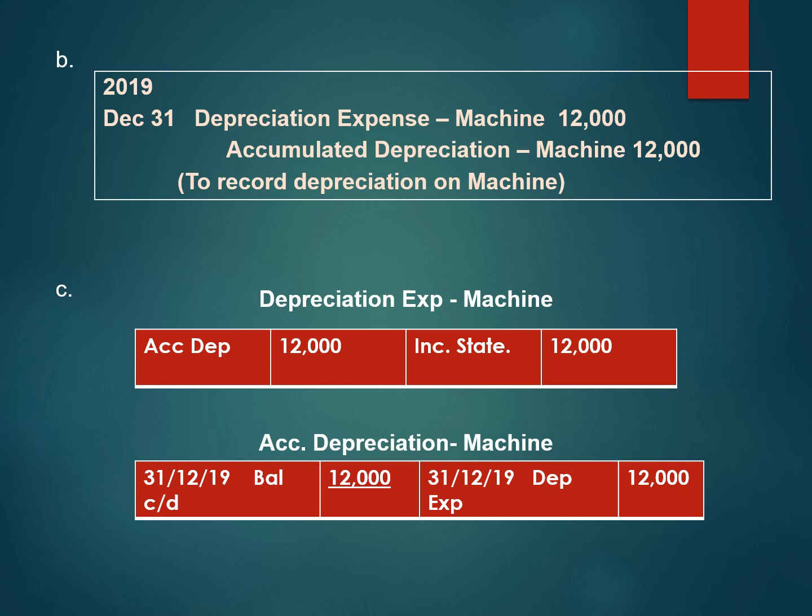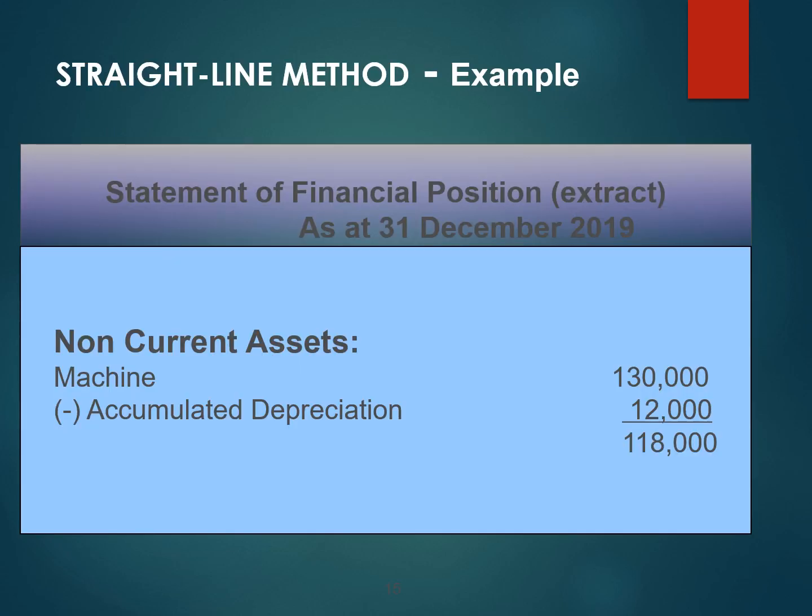And then we open the accumulated depreciation for machine. So using the double entry, accumulated depreciation is dated on credit side. So the double entry is the depreciation expense 12,000, and at the end of accounting period we will have the balance also 12,000. This is the example on how we report the accumulated depreciation in the financial position statement.